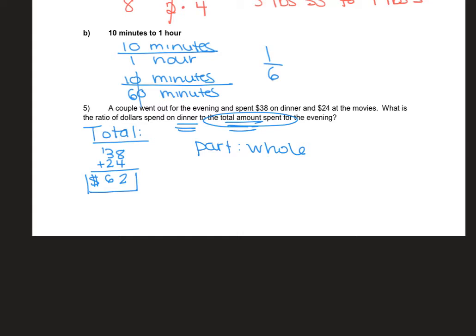Okay? So dinner was 38. Whole was 62. But again, depending on how I write it, I may have to simplify it. If I write it like this, I'm okay. But if I write it as a fraction, I have to simplify it.